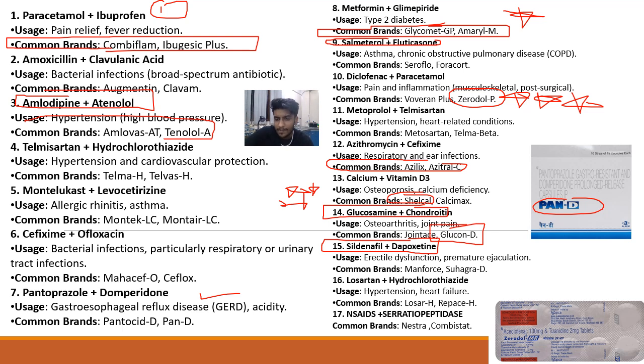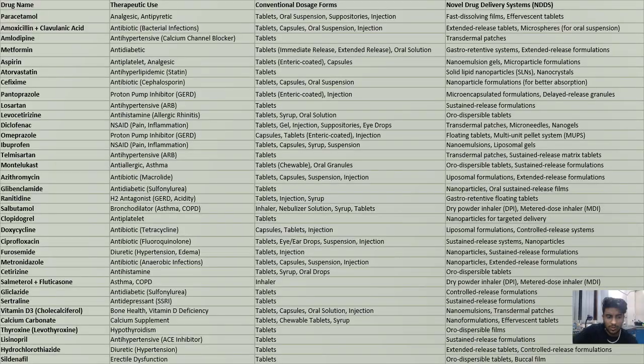So you have Suhagra and Fos and all. Then you have Losar H. Losar only is losartan, while Losar H is losartan plus hydrochlorothiazide. Then you have NSAIDs plus serratiopeptidase, in which Combistat, Nestra are some of the brand names. So Zerodol SP, where it is a combination of serratiopeptidase, SP, and Zerodol is for aceclofenac. So these are the most commonly used combinations.